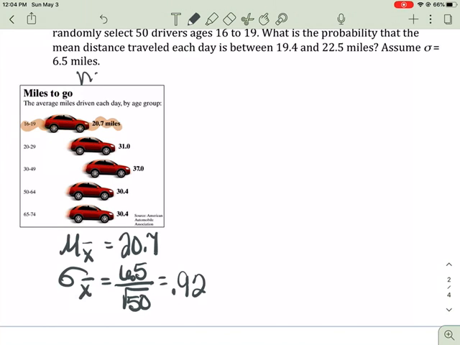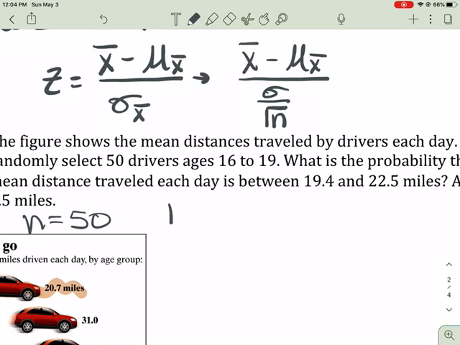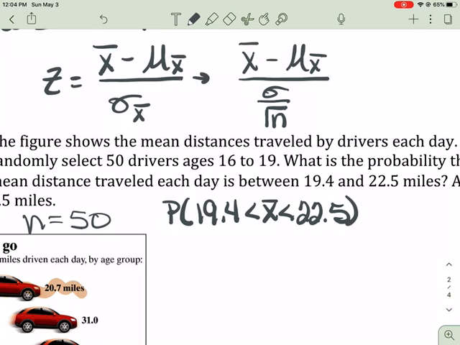Our sample size here is 50. That's how I know I have to use the formula we just went over. Everything else stays the same. So we're interested in finding the probability that we're between 19.4 and 22.5. The notation is going to be different.